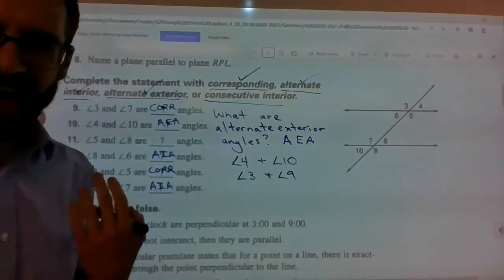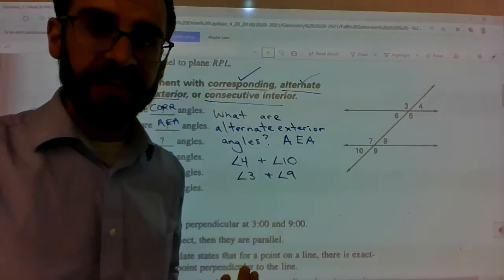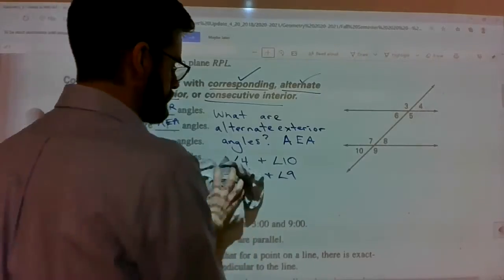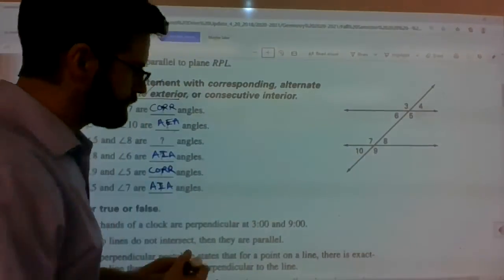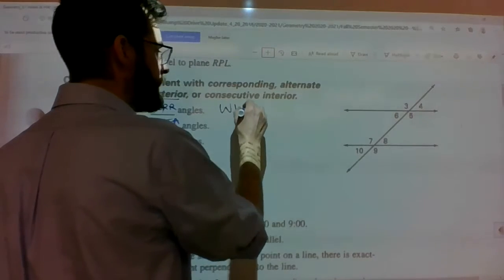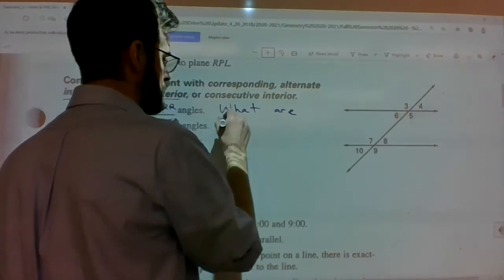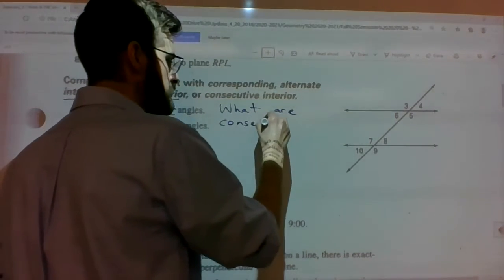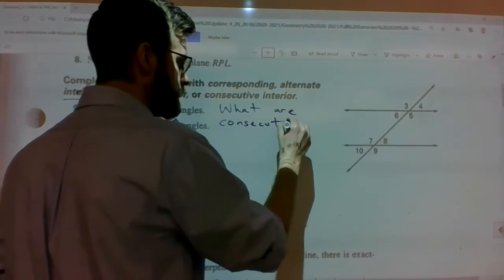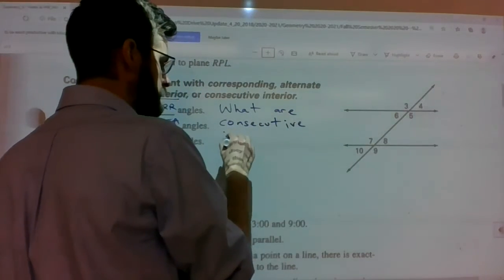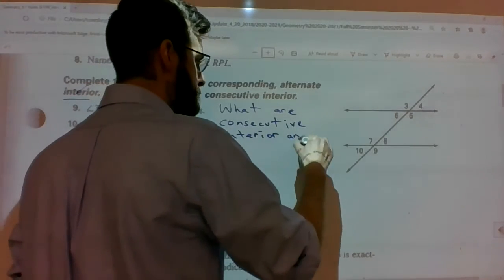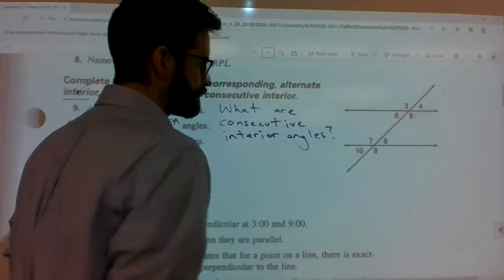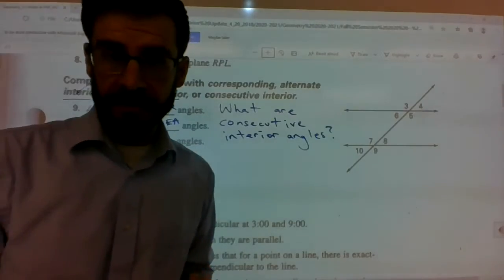Last term that has some significance to this chapter are the consecutive interior angles. So what are consecutive interior angles? Well, think about it like this.